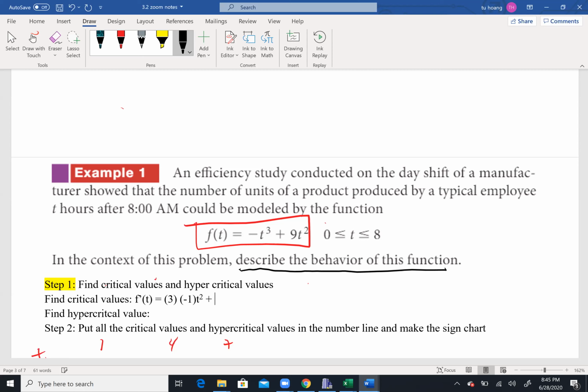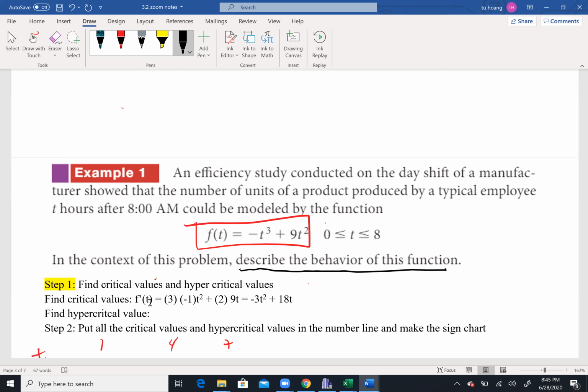And then plus 9 times 2, and t to the power 2 minus 1 is equal to 1, so I just say t. Now I'm going to simplify it, and I get 3 multiplied with negative 1 is negative 3t to the power 2, and then plus 18t.